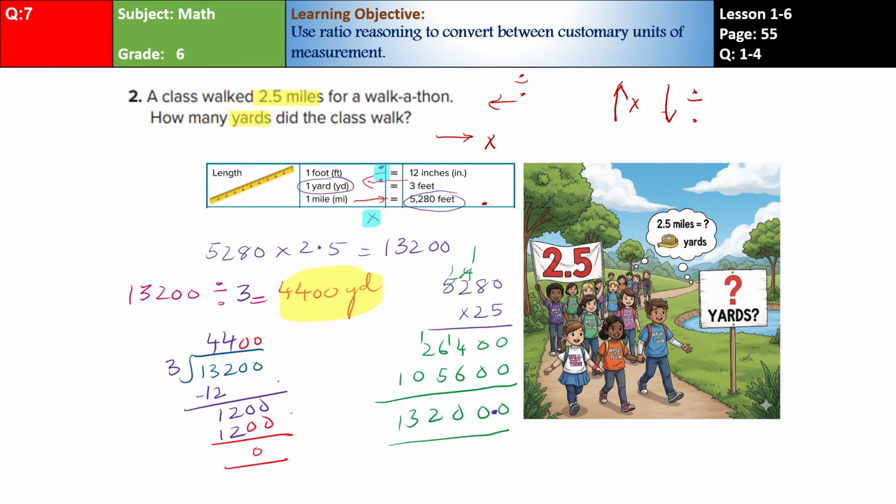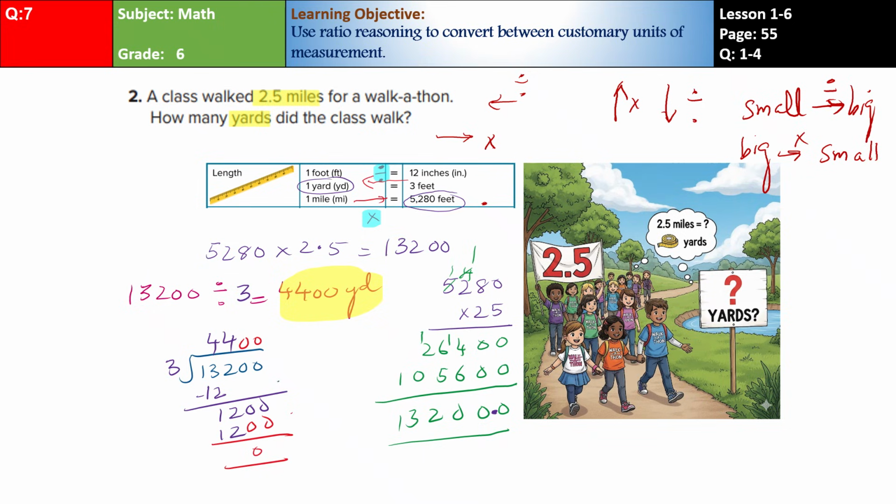So you will divide here. When you are converting a small unit to big, you will divide. If you are going to convert a big unit to a small unit, you will multiply. So then here you will divide 13200 by 3.